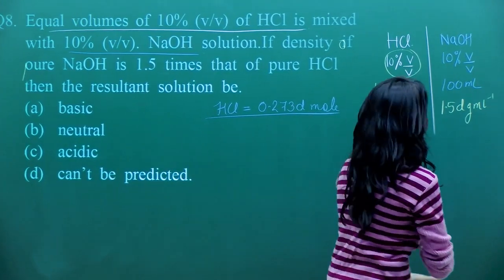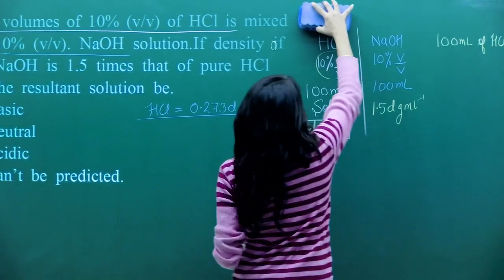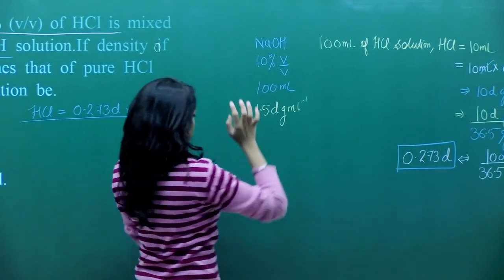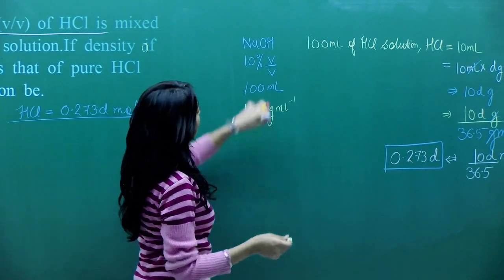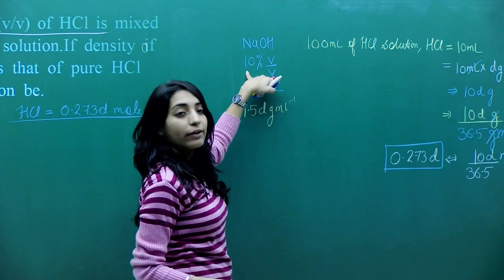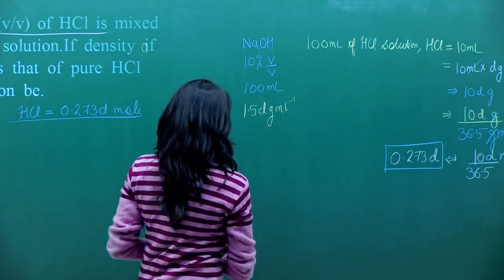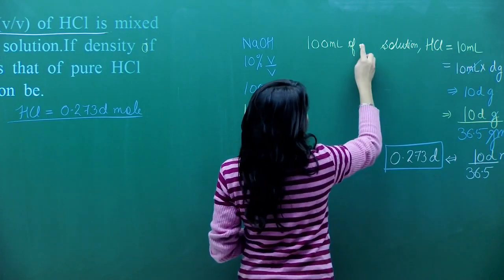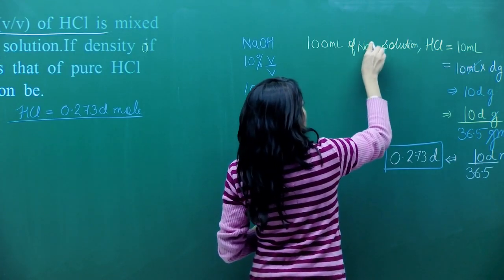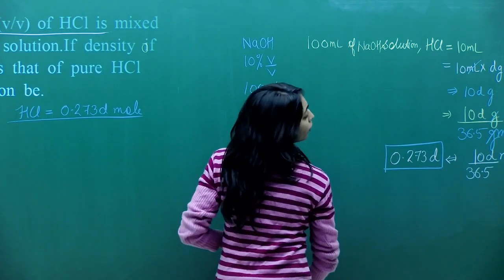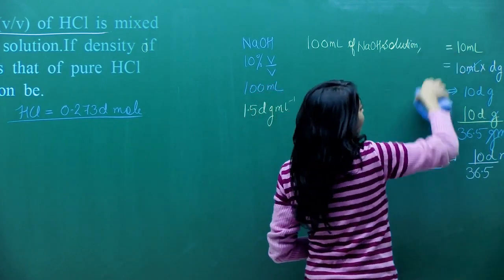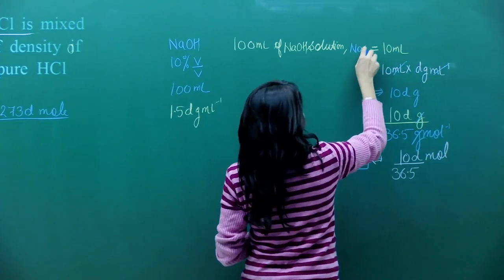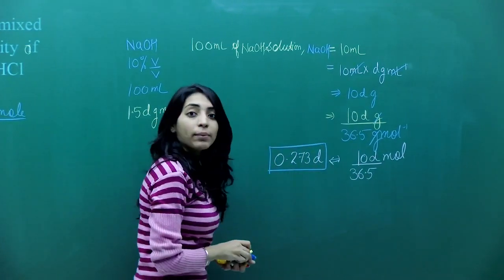Let's move further. Now the same thing, I am removing this because now I have to move with NaOH. So when I am moving with NaOH, which is 10% V by V, so 100 ml of, writing instead of HCl, can I simply say NaOH solution? Here also instead of HCl, we can say NaOH, which is 10 ml.